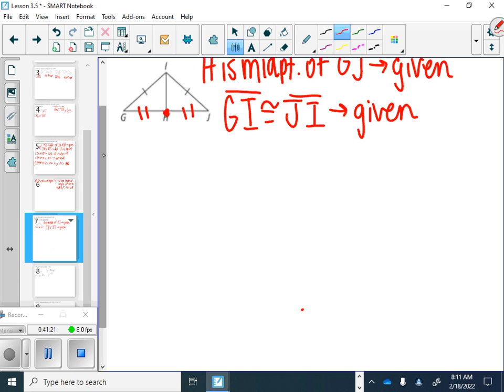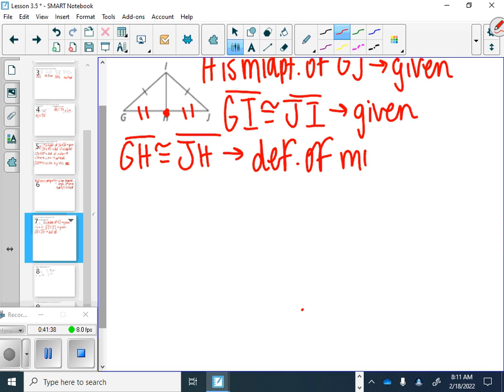So GH and JH are congruent. What would my reason be? Definition of midpoint. Exactly.